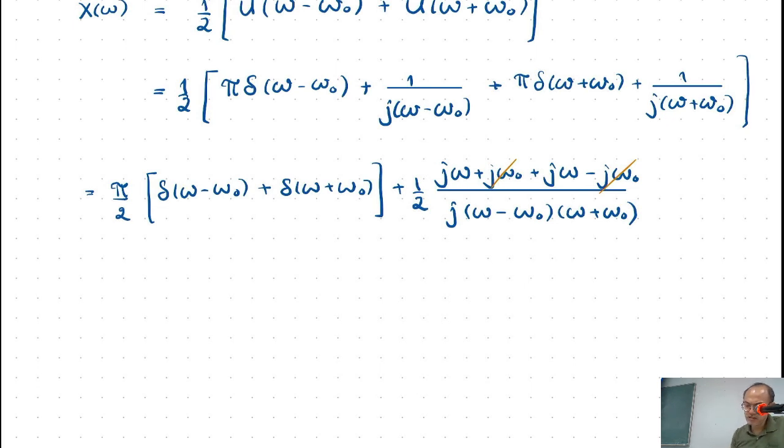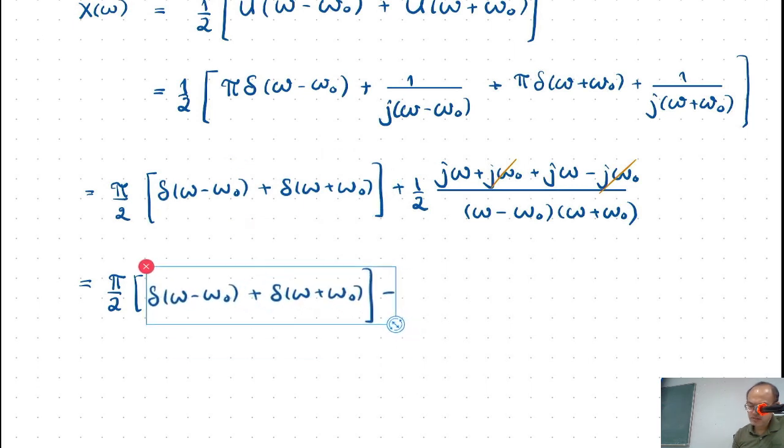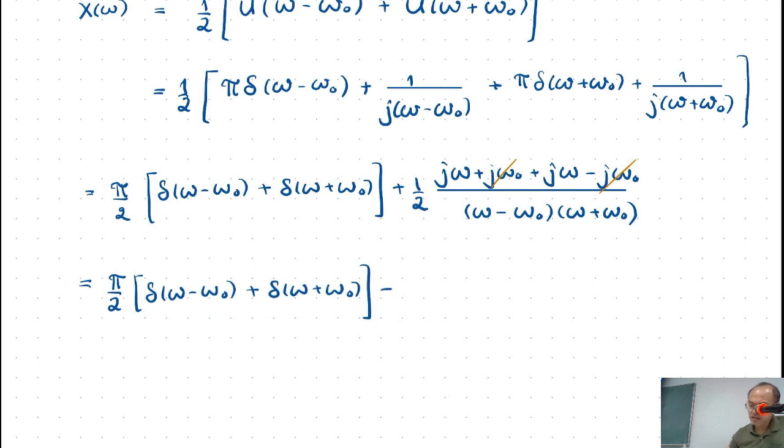Actually, we don't have j here, right? So it will have pi over 2, and then we just copy this one down below to save time here. And then the right hand side would be, not omega squared, just j omega. And then the denominator would be omega squared minus omega naught squared.